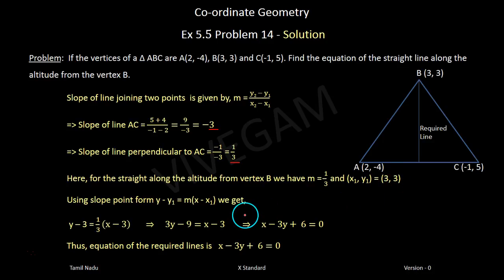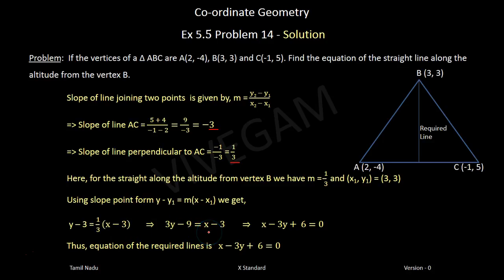Using the slope point form, y minus y1 equal to m into x minus x1, y minus 3 will be equal to 1 by 3 into x minus 3. The 3 will go up, so it becomes 3 into y minus 3, that is 3y minus 9, equal to x minus 3.